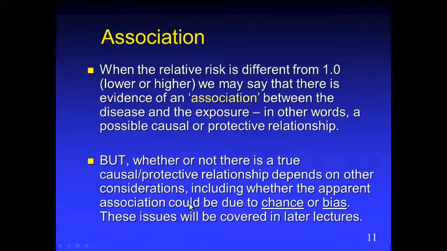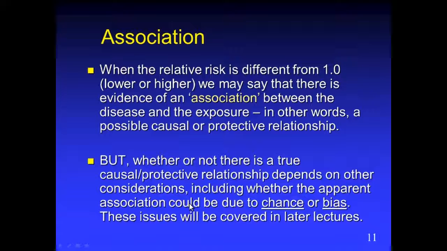Sometimes people might use the phrase a statistically significant association, and we'll talk about what statistical significance means and how useful it is. But the fact that we have an association between an exposure and a disease doesn't necessarily mean that there's a strong statistical relationship. It just means that the relative risk is somehow different to 1, and it suggests that there may be some relationship between the exposure and the disease, but it is used in a fairly loose way in the epidemiology literature.